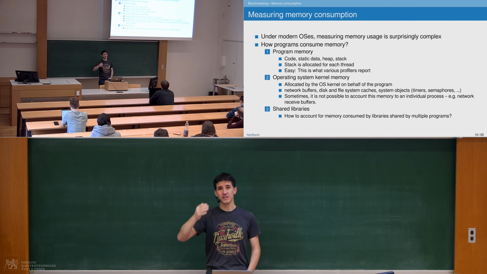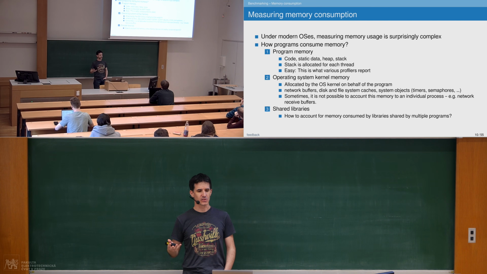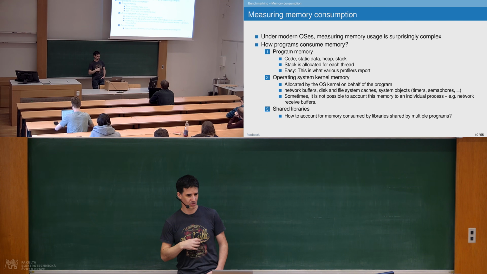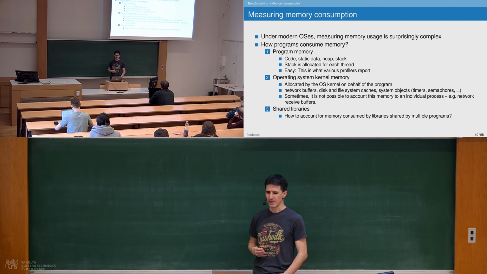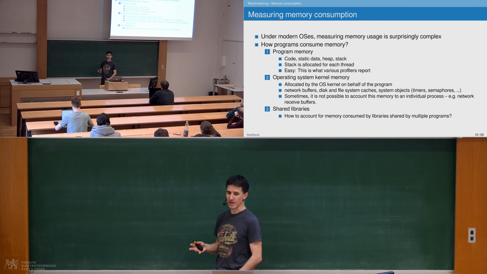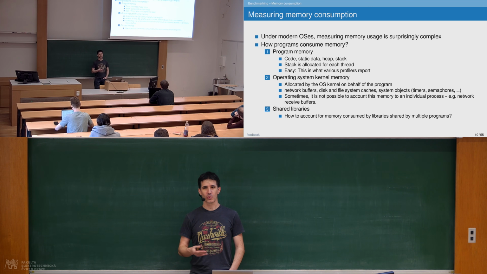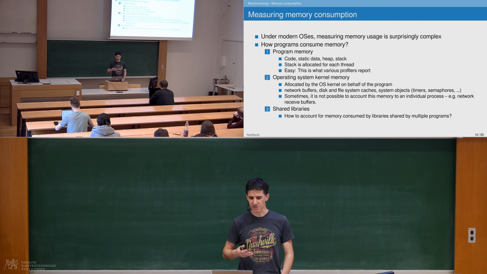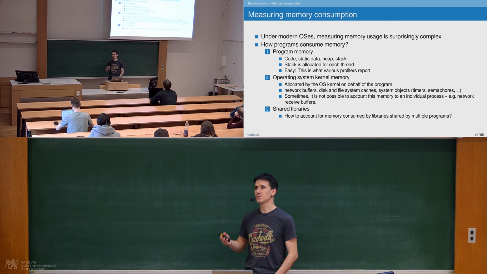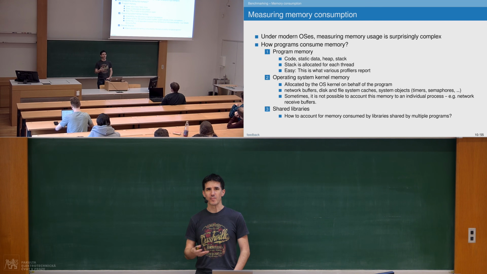This is very easy because every operating system makes it easy to measure the size of this data. Unfortunately, this is not all the memory actually used by your program, because your program probably also uses operating system kernel services, and those services use some memory as well.